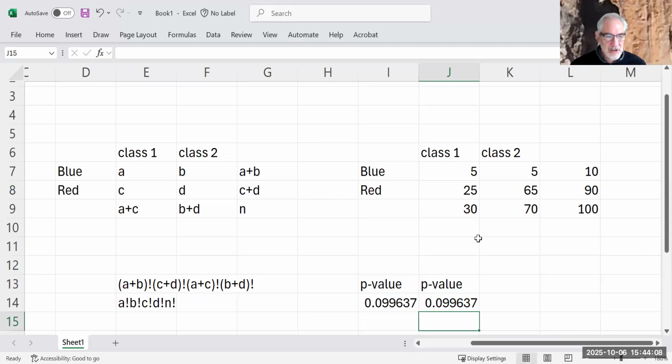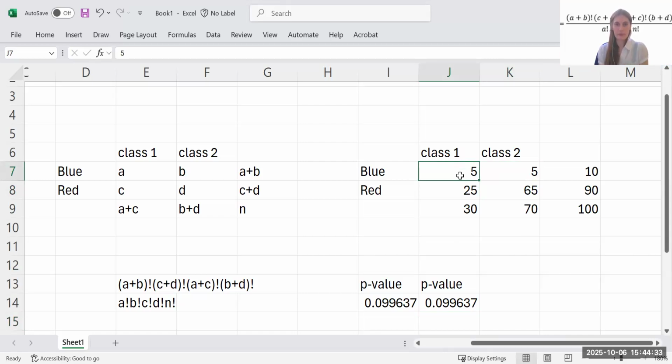Okay, so I imagine if we go in here and change these to bigger numbers or smaller numbers, but in the same proportions. I should mention I've run this test before, using the chi-square distribution, and it comes out not significant.